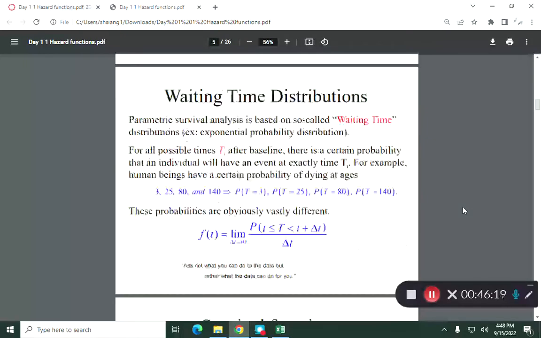And next, waiting time for the event. What we are really trying to say is that, okay, we have a variable t, and then the waiting time is between t and t plus delta t. That is my PDF. And when the delta t is so small, you can only allow one event, okay?